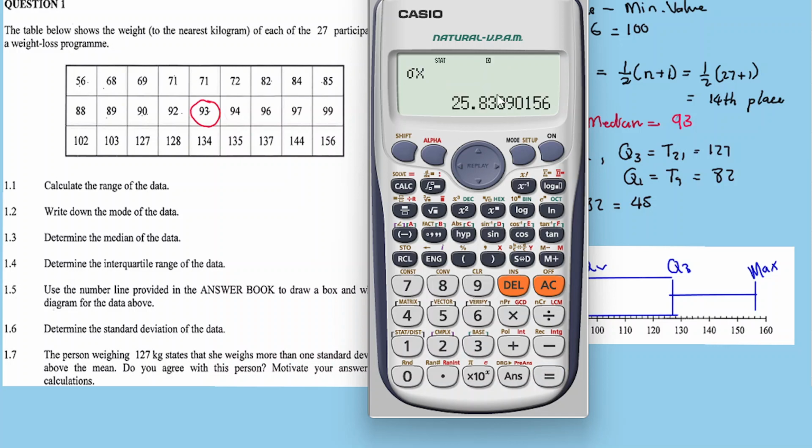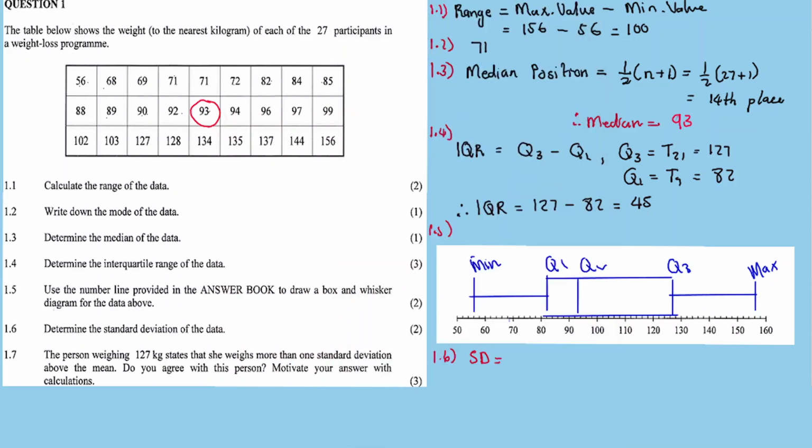So that's the standard deviation, 25.84 in 2 decimal places, kilograms, right? So this is the standard deviation.